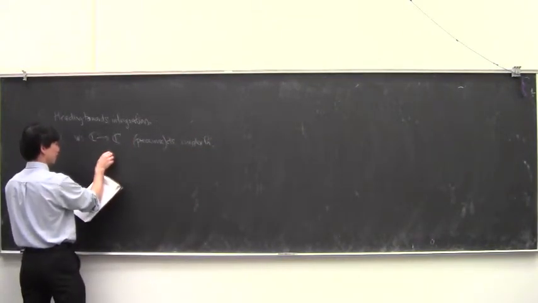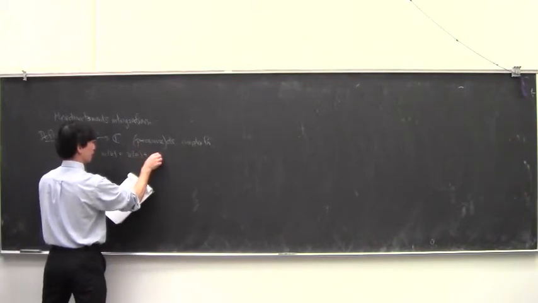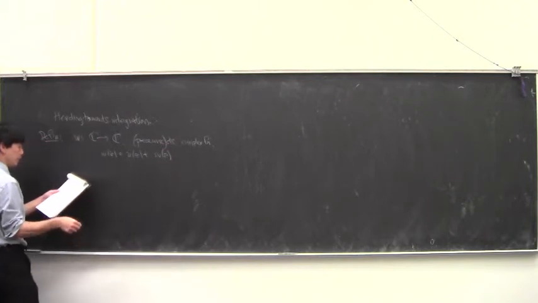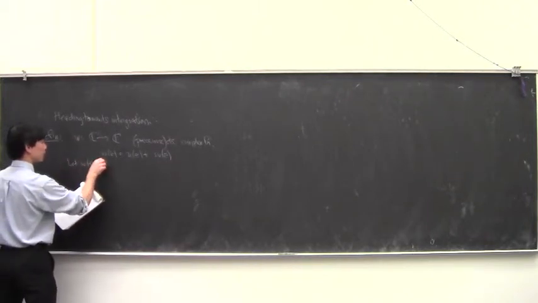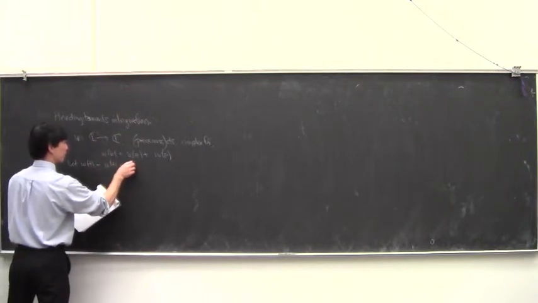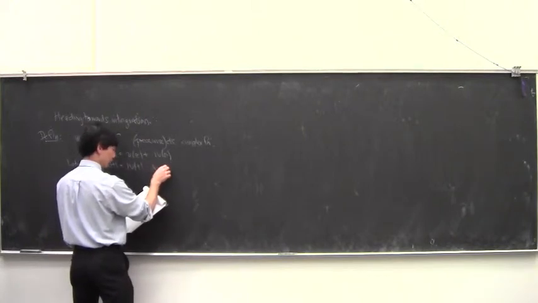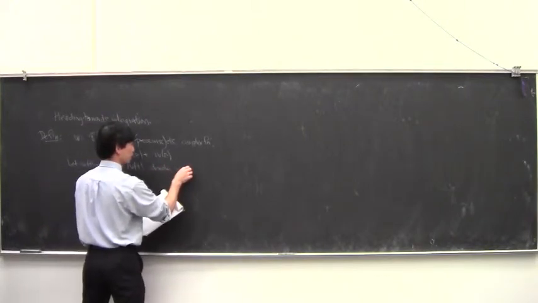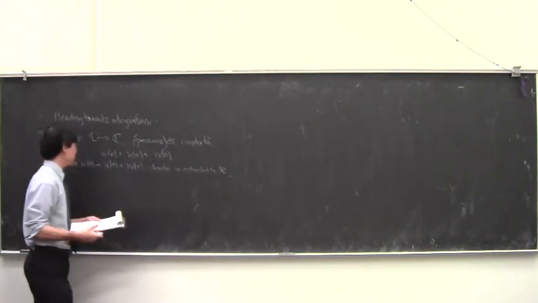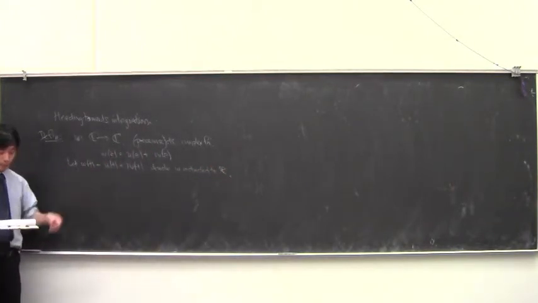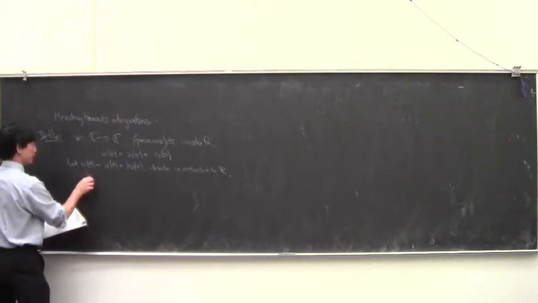And let's say that W has real part U and imaginary part V. Let W of t denote W restricted to the real axis. So t is a real variable, z is a complex variable.